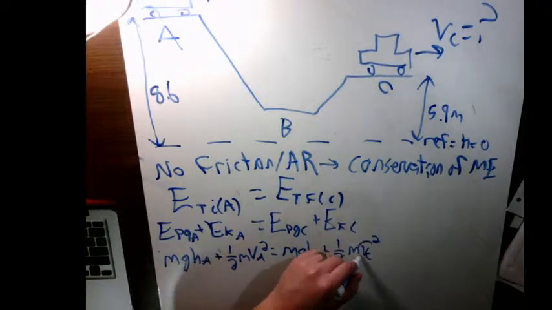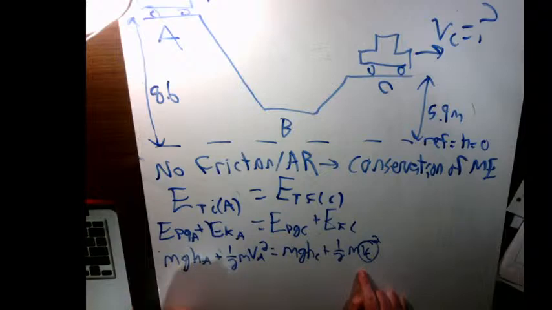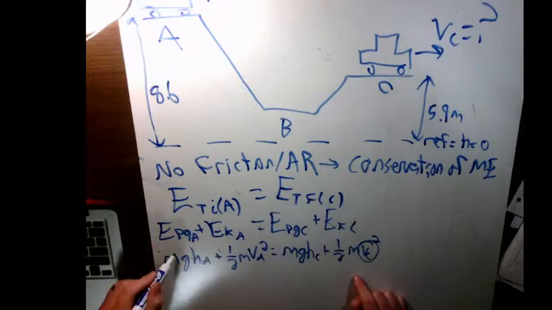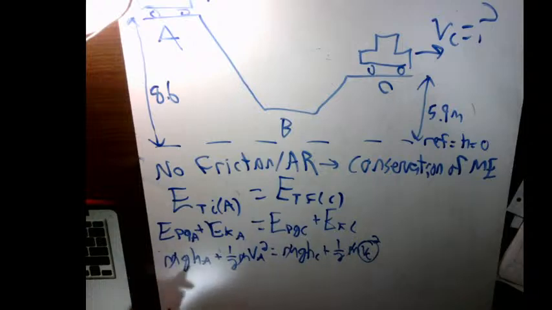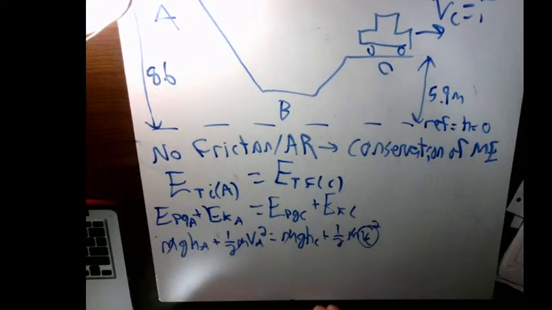So we're solving for our only unknown there. Let's make our lives a whole lot easier and right away see that we have a mass in every single term. So if we divide everything by mass, we can get rid of that. Easy peasy. Now let's solve for vC.